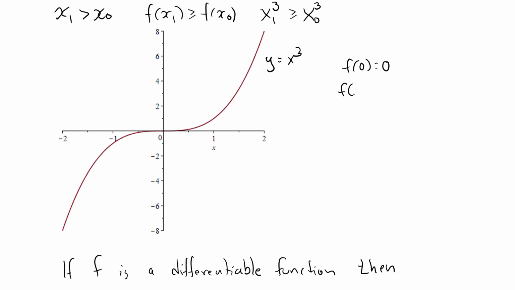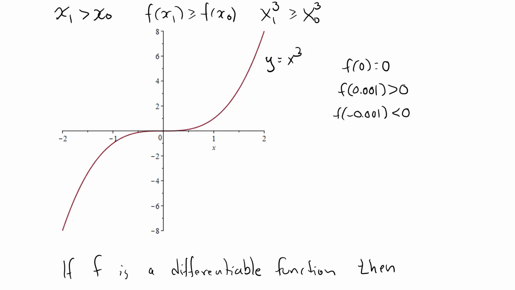But if you plug in any value which is slightly bigger than 0, doesn't matter how much bigger, then this will become greater than 0. If you plug in a value slightly less than 0, then this will become negative. So if you pick 2 points, x0 and x1, where x1 is to the right of x0, then x1 cubed will always be bigger than x0 cubed. Try it yourself with a couple of numbers.